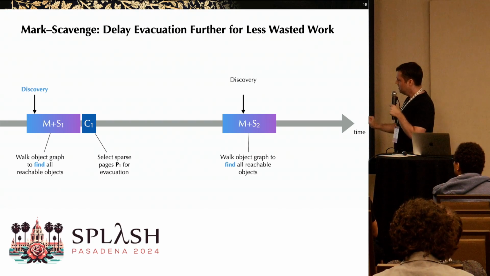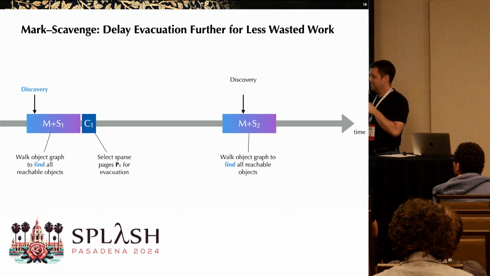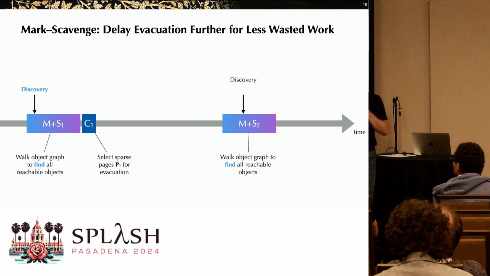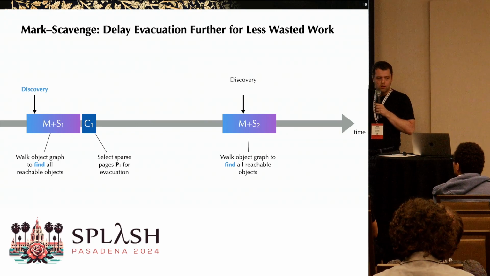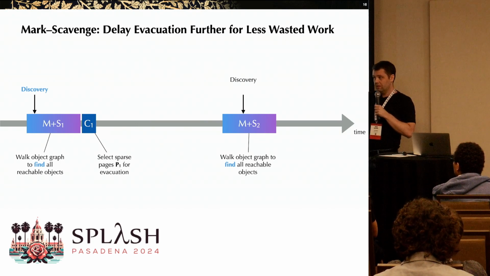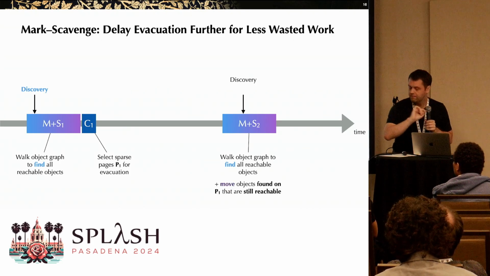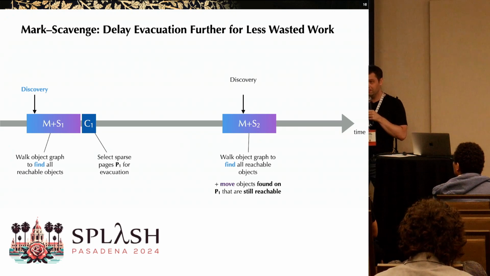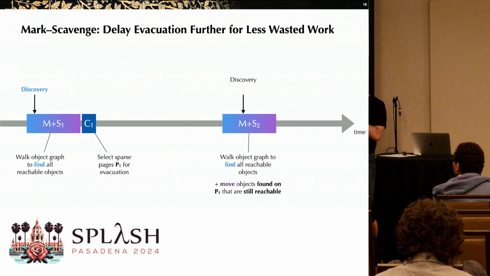So let's start off by looking at the second cycle of mark scavenge. During the discovery phase, we are still walking the object graph to find all reachable objects, but we also move objects that are in the so-called P1 set.